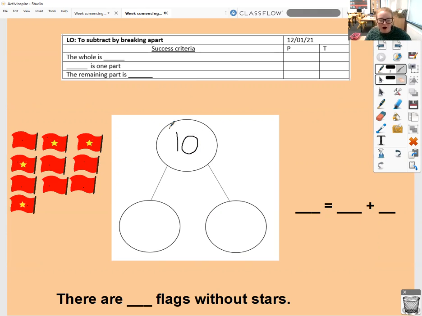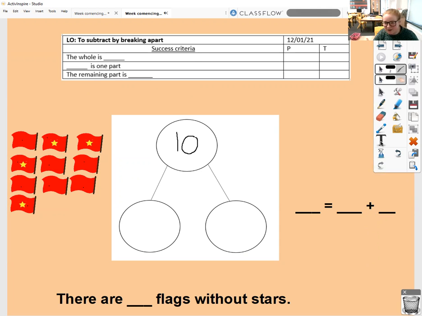My first part is going to be how many flags do have stars, because I'm trying to find out how many are without stars. Let's count them. Oh, I need to put my whole in my number sentence, but my number sentence has changed around. So my number sentence is currently incorrect because it's meant to have a subtraction sign in there.